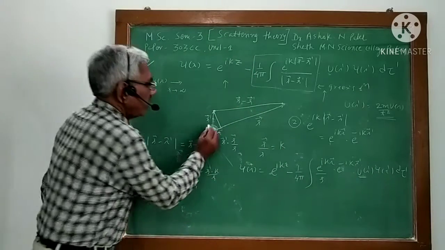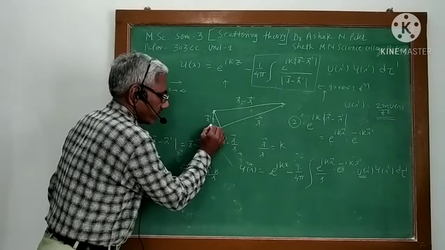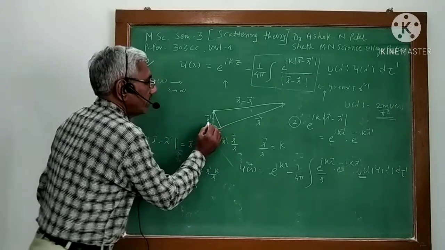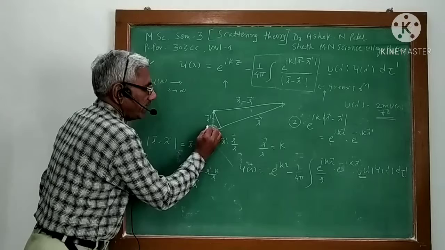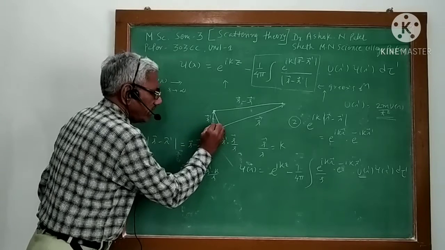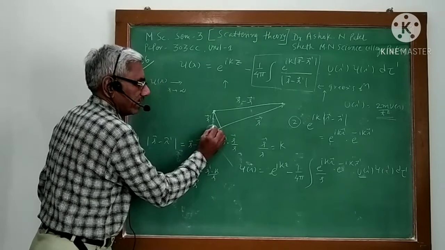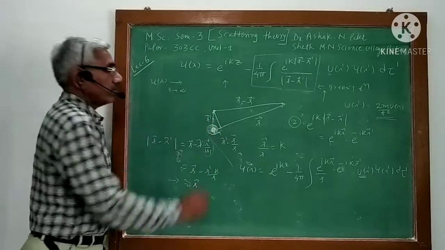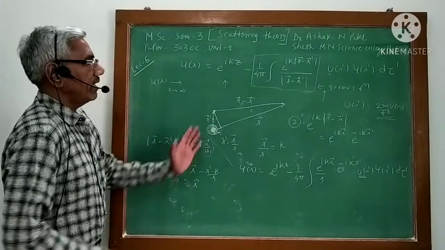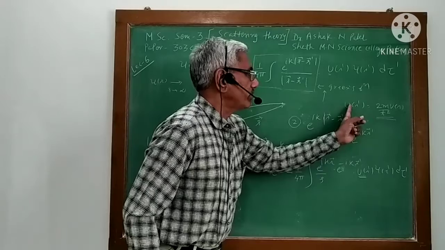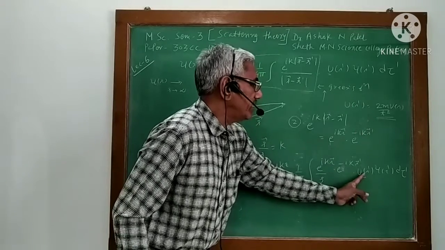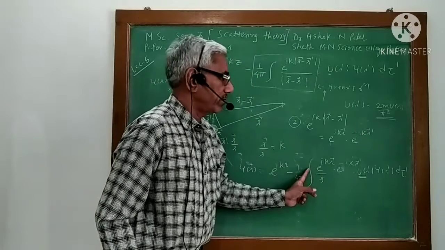But if the r dash is very small, it means it is very near to the target, at that time it has some large potential, so that term will be very effective over here.